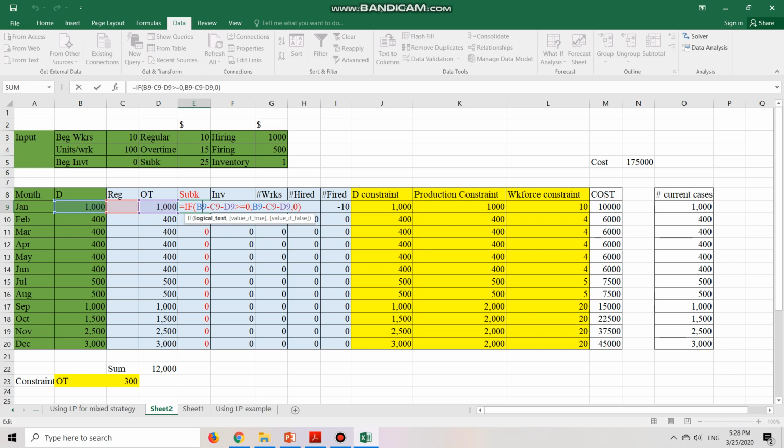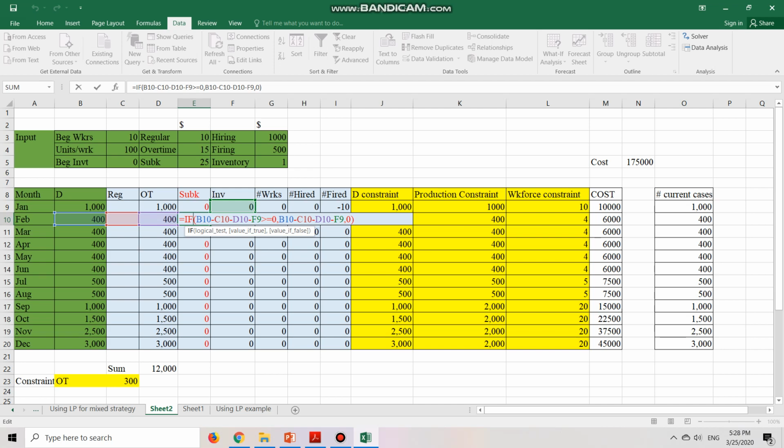And in this case in January, the initial inventory is equal to 0, so we don't need to consider the initial inventory. Okay, and in February, we will consider the inventory from January as well.